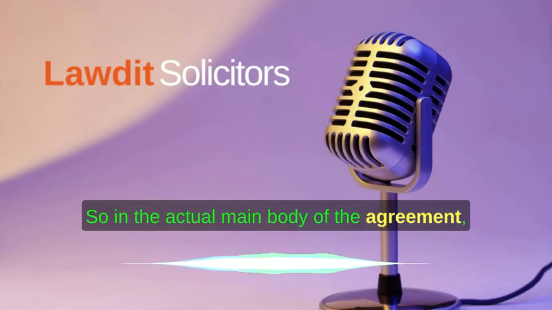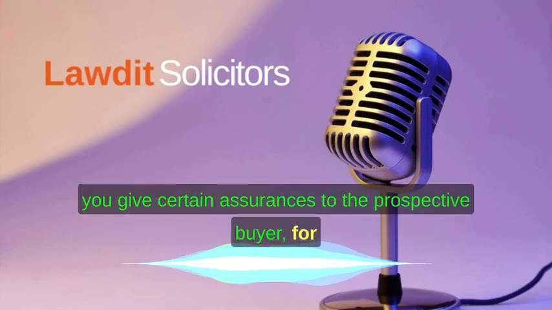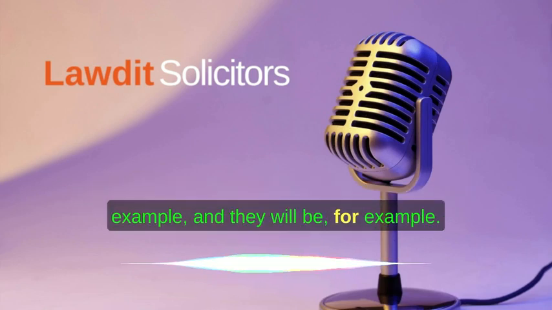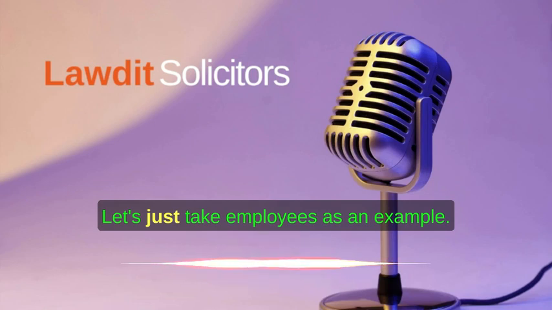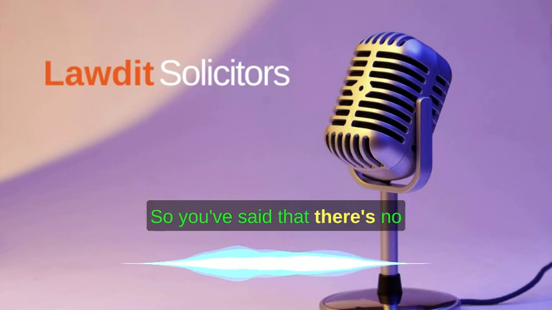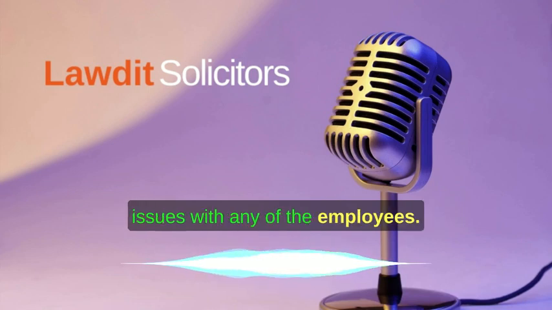So in the actual main body of the agreement, you give certain assurances to the prospective buyer, for example, and let's just take employees as an example. So you've said that there's no issues with any of the employees.